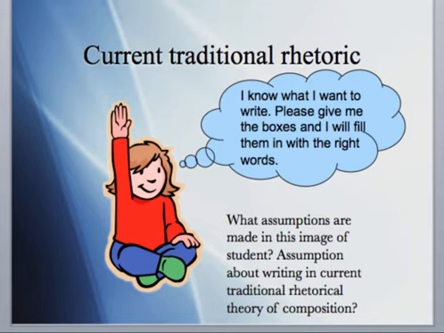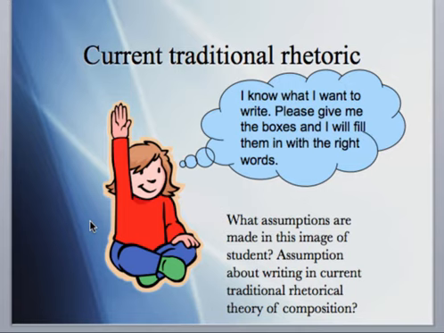So current traditional, to kind of use this image, embodies the idea of product over process. This comes during a time where scientific investigation and positivist notions of how we make knowledge, that it's out there and we've just got to go find it, trickled over into writing instruction. It's what was important in our society and educational realm, period.